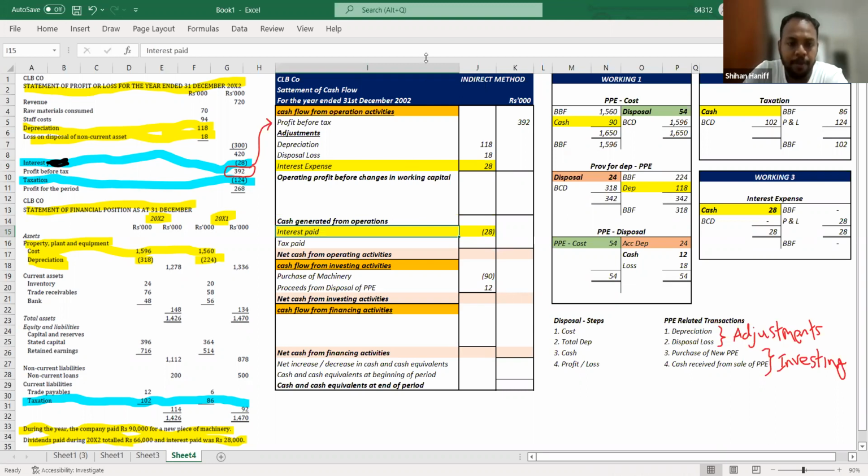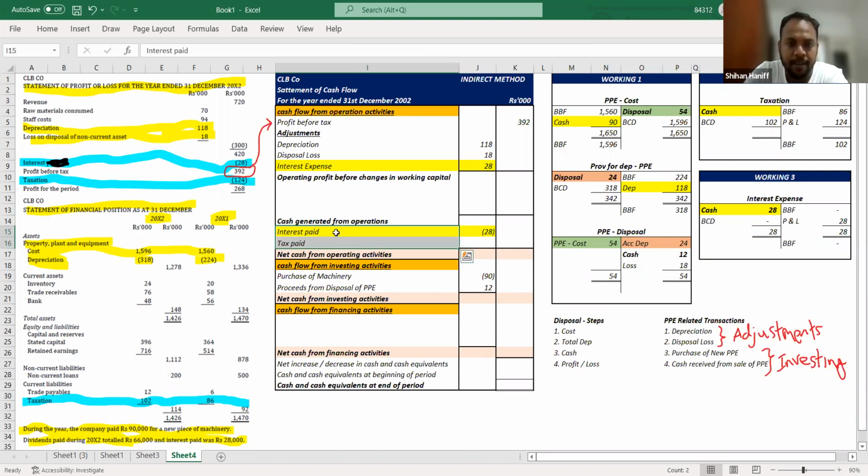Sometimes you might have a doubt. Interest payment, why didn't we take under financing activity? Interest is paid normally for loans, no? Right? But most of the times we take interest paid under operating activity.